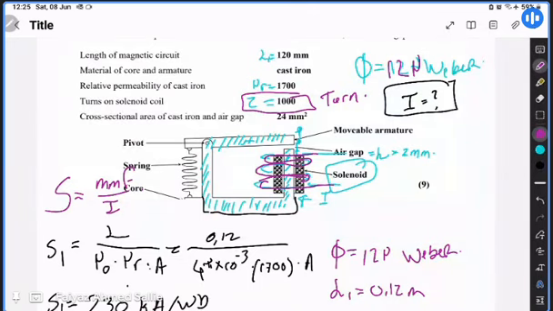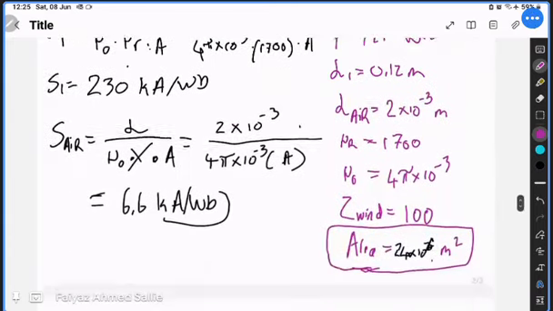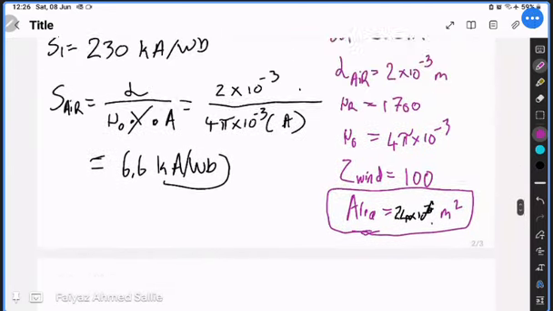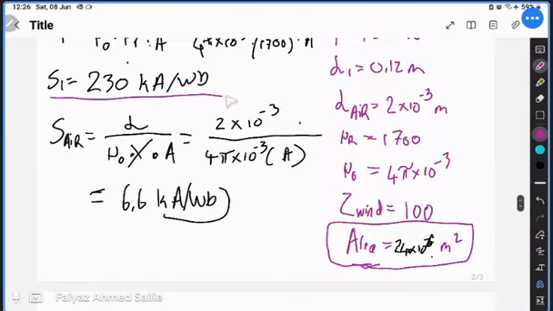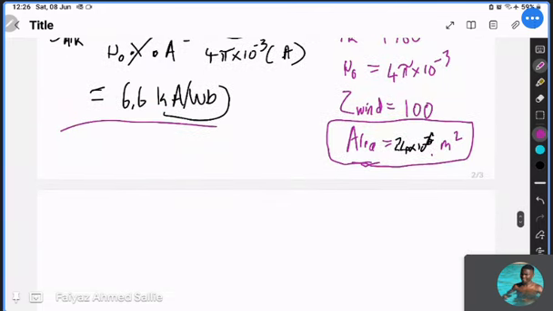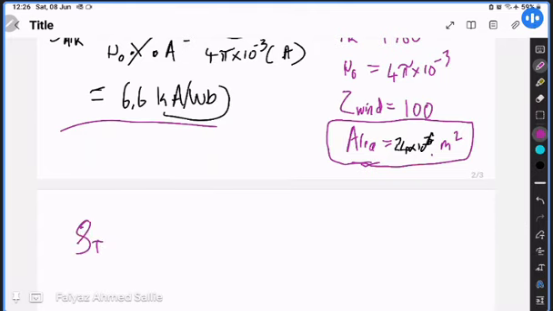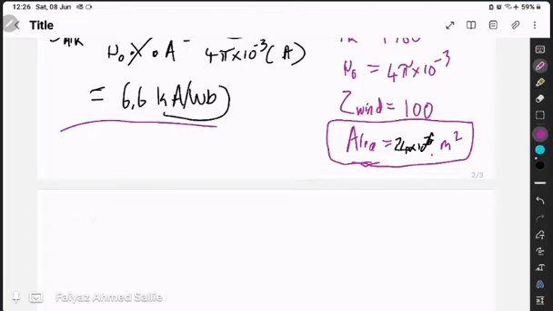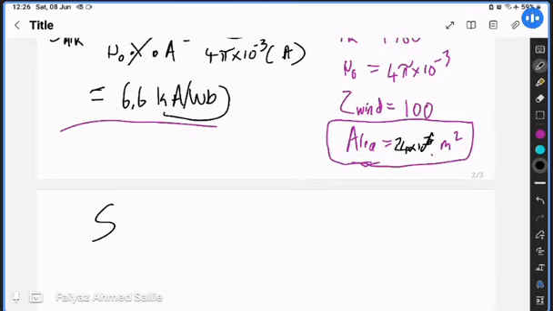So this question wants us to calculate the current, right? So we have 230 and 6.6. So let's add those two, so we get the total reluctance. Sorry, Fayaz. Yes, sir. You said the formula is S equals MMF over I, but the units are confusing for me.